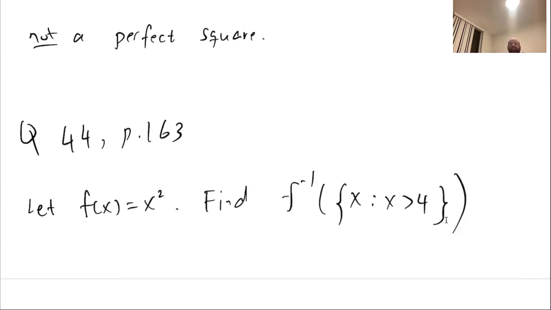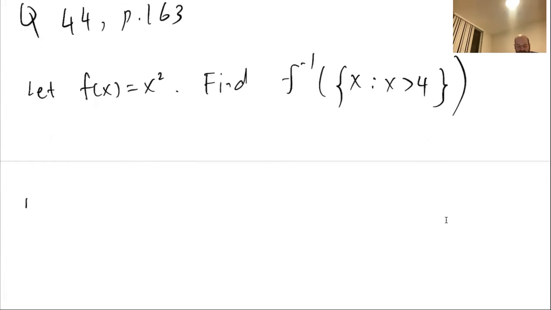So this question is about f inverse of a set. F inverse of a set can be defined even if the function is not invertible. F inverse of a number can be defined only if f is invertible, and f is invertible if it's 1 to 1. But f inverse of a set can be defined for any function, basically.